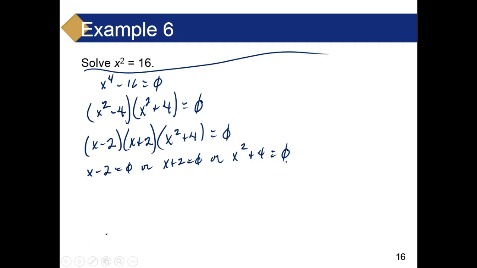Okay, let's solve each one of those if we can. First one, add 2 to both sides, and that gives us x equals 2, or subtract 2 from both sides, and that gives us x equals negative 2, or what do we do with that one?